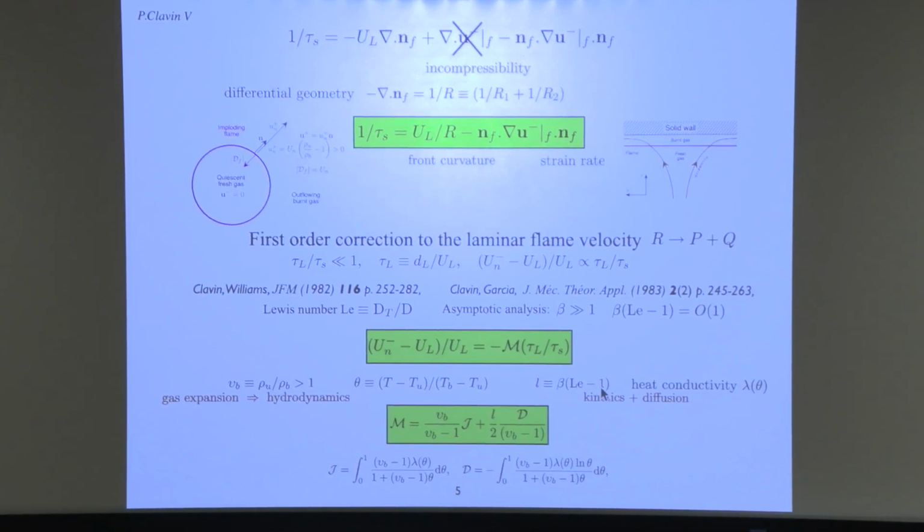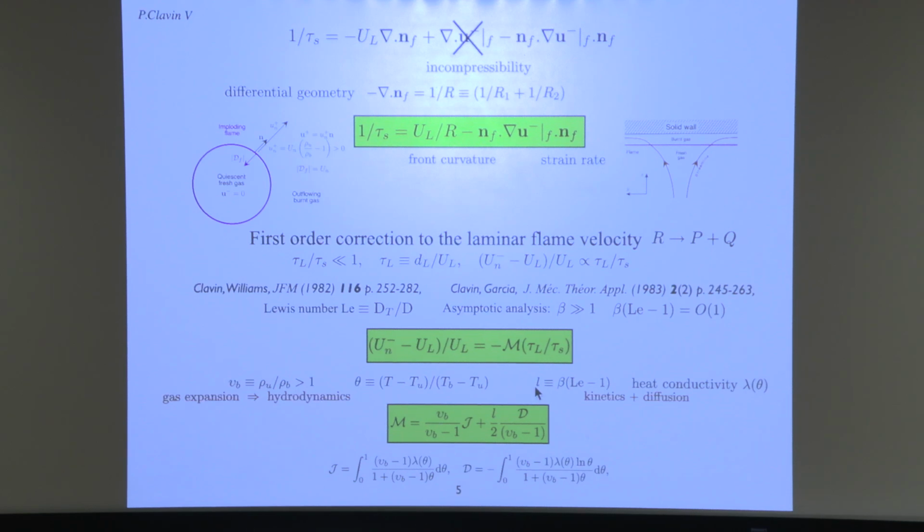In a sense, you assume that you are looking for a solution where the departure from unity of the Lewis number evolves with the activation energy like the inverse. This is what you are looking at. And here are the results.